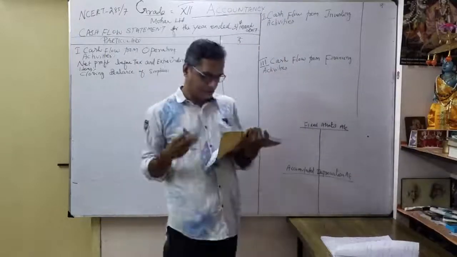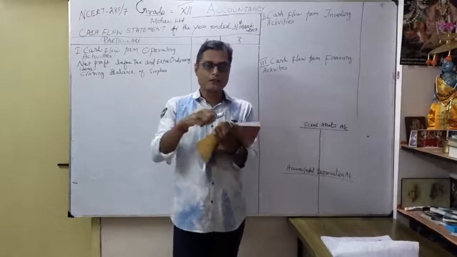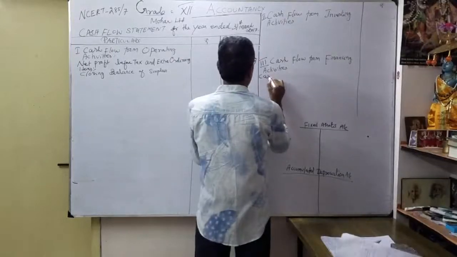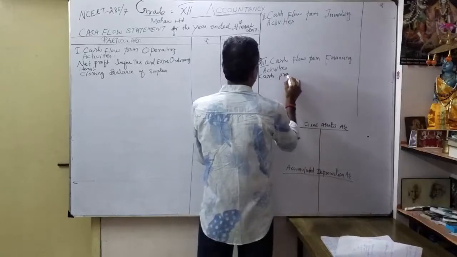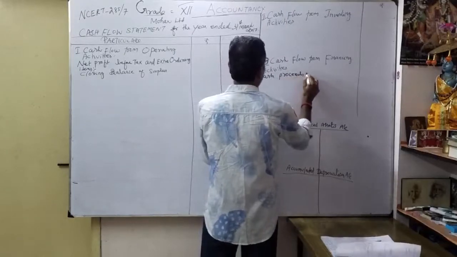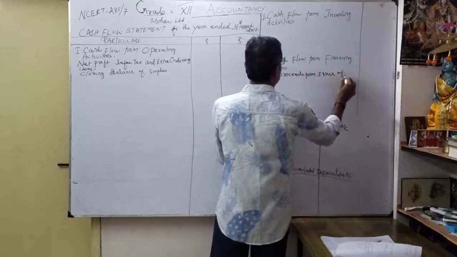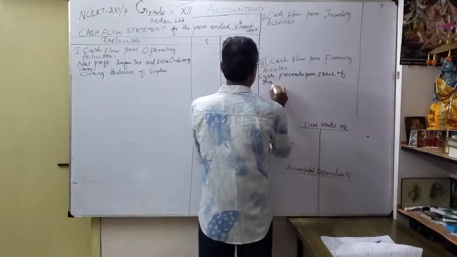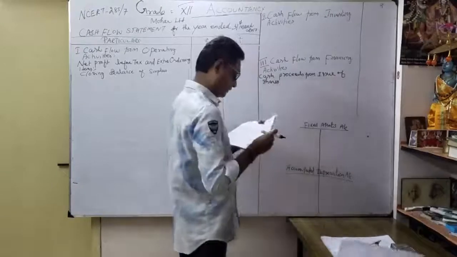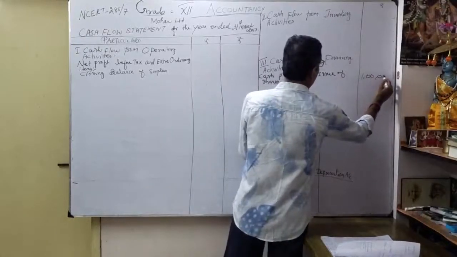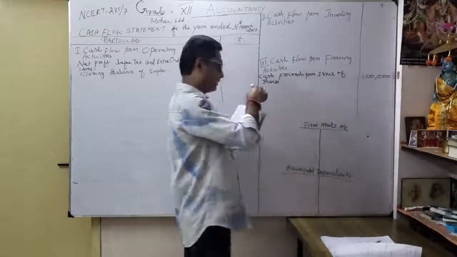As you know already, the share capital has increased, so where are we going to write it? You have to write cash proceeds from issue of shares, 1 lakh. So 2 lakh has now become 3 lakh, so naturally we got 1 lakh. That is our first discussion.